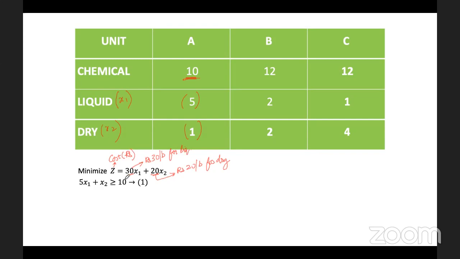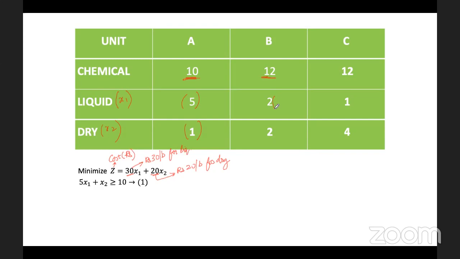The minimum quantity required of chemical A in a workshop is 10. Minimum in the sense, combining this 5x1 and x2, it should be a minimum, which is equal to 10. It can also be greater, okay, which means greater than symbol also comes into picture. Again, read the equation. They have already again specified. Chemical B, the minimum requirement is 12 units.